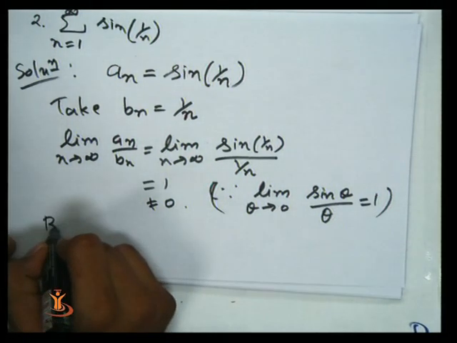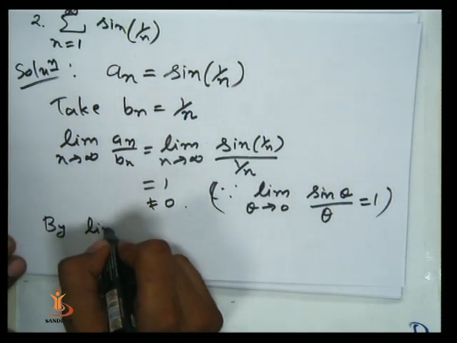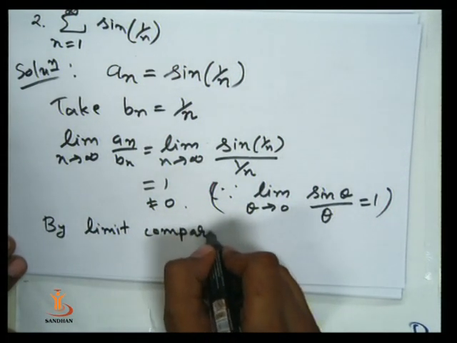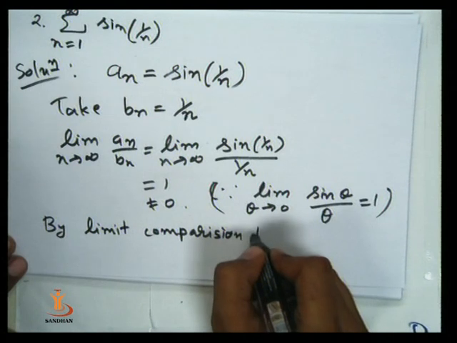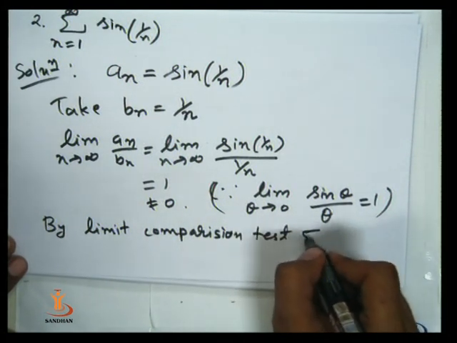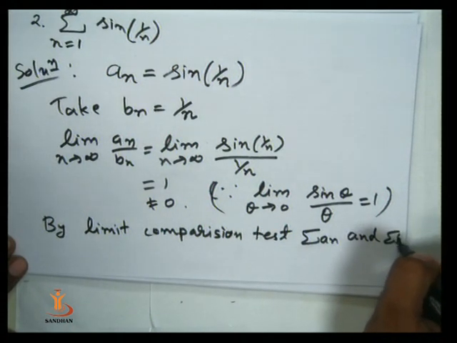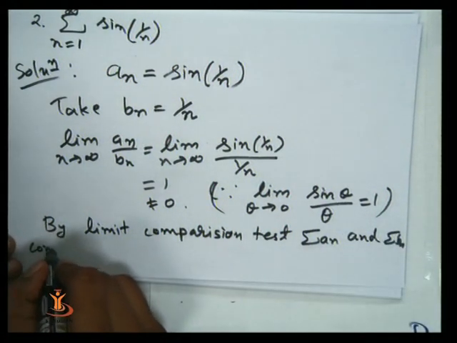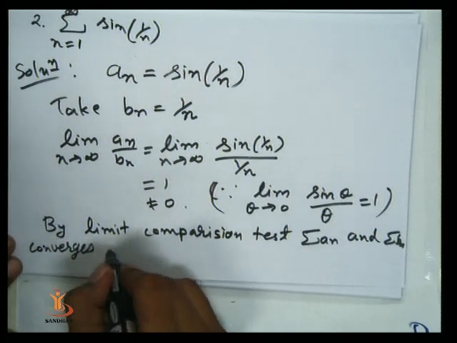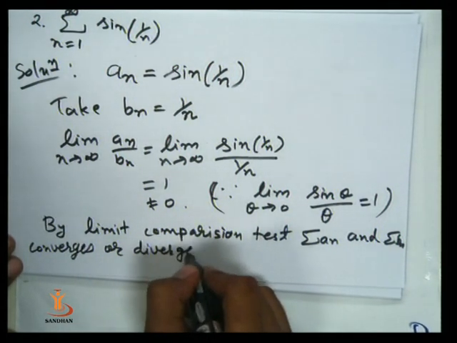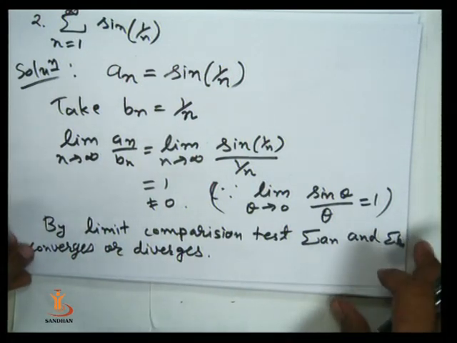So by limit comparison test, summation an and summation bn converge or diverge simultaneously, right?